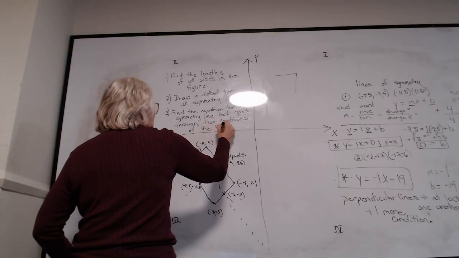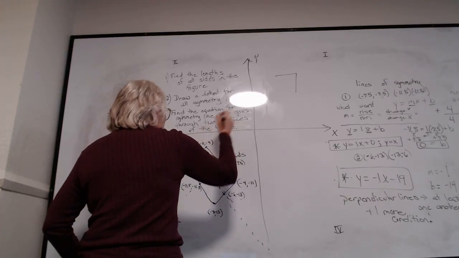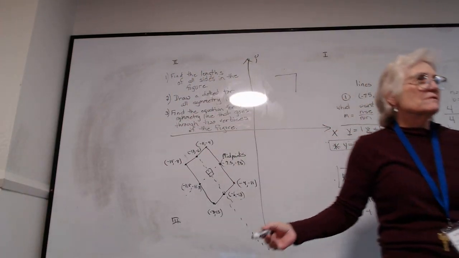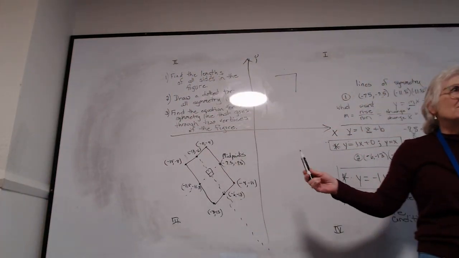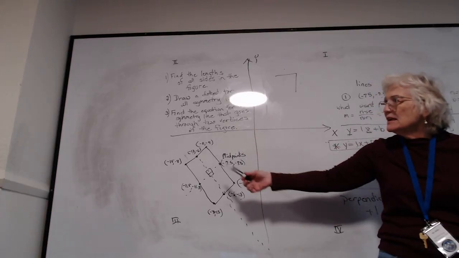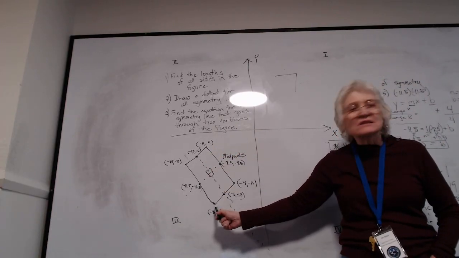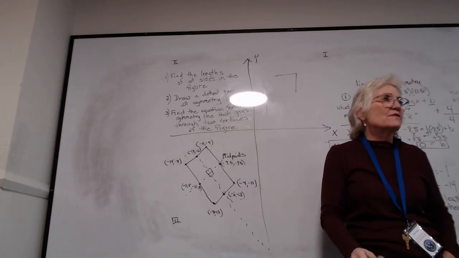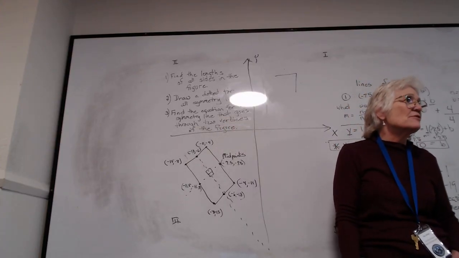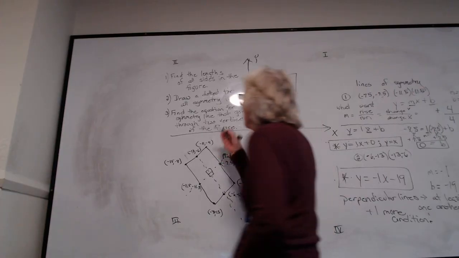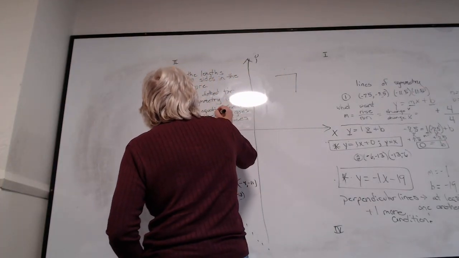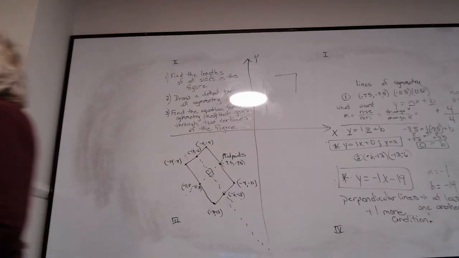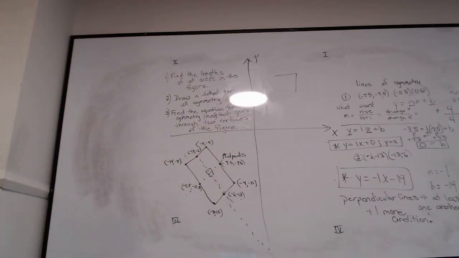This is if possible. So this one didn't go through the vertices of the figure. Make sure you understand what I'm telling you here. In step 3, if it goes through the vertices of the figure, go ahead and find the equation for the symmetry line or lines. So it could be more. But this is only if you have it going through the vertices of the figure.